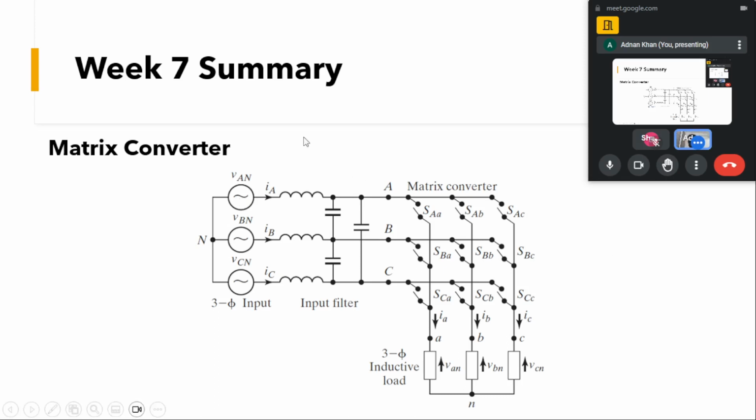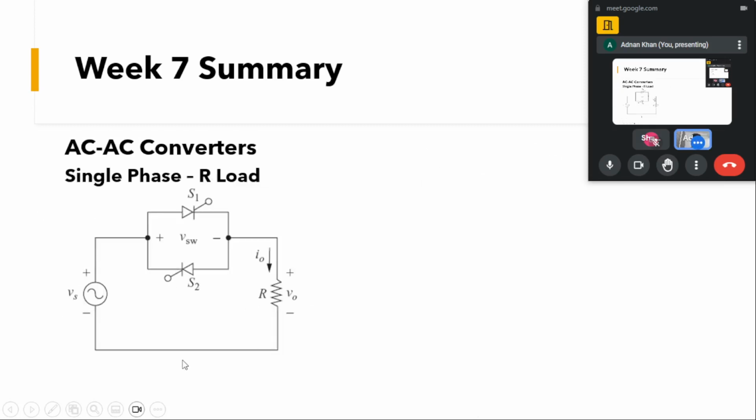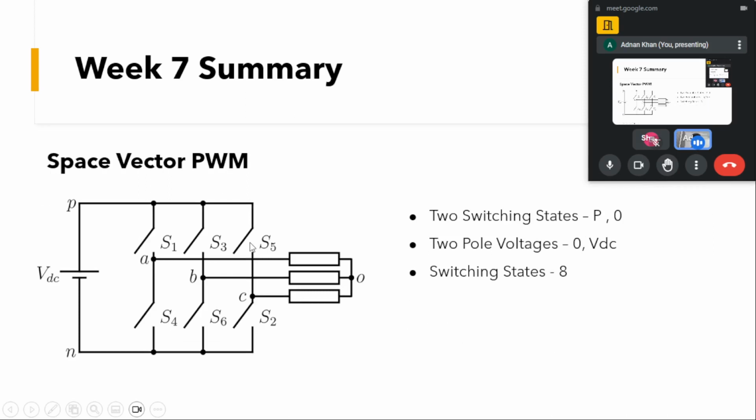Here I briefly had to give you the idea of what this matrix converter is. So this was what had been taught this week.